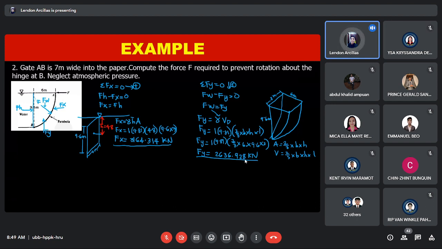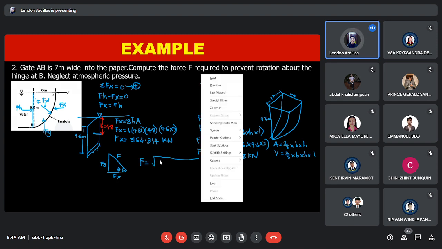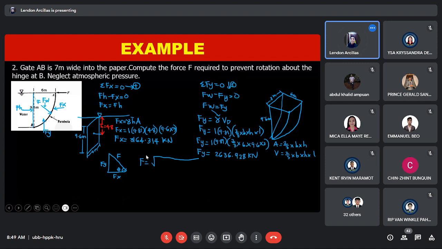Next is to find the total hydrostatic force by Pythagorean theorem. So this is the F, this is F of X, this is F of Y. So that is F equal to the square root of F of Y squared by Pythagorean nga, plus F of X squared.